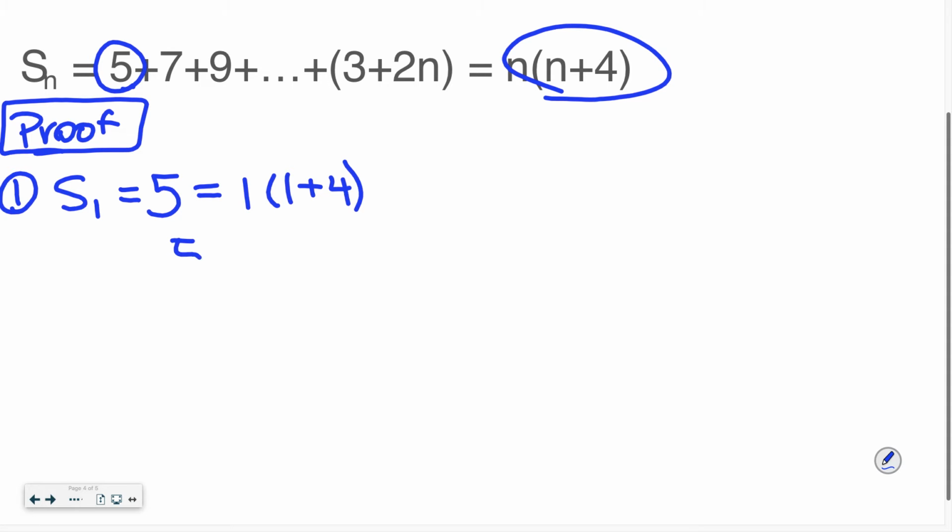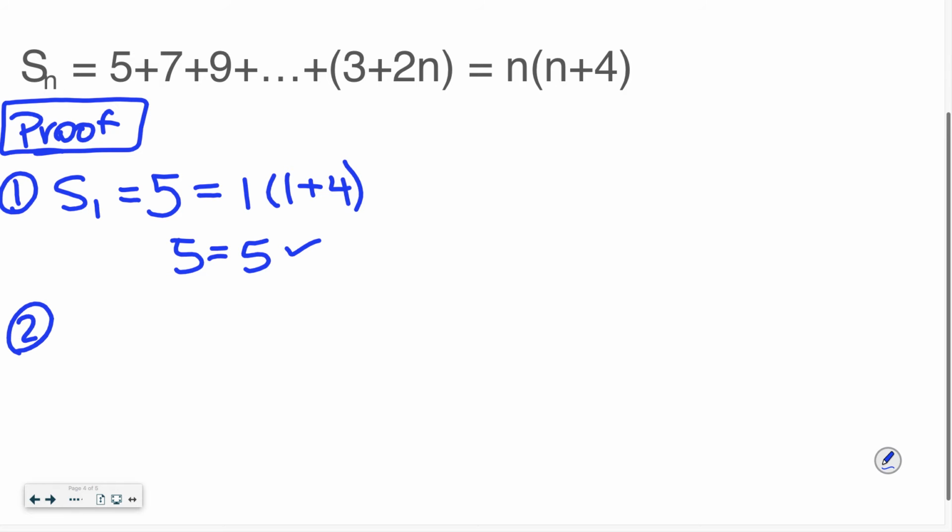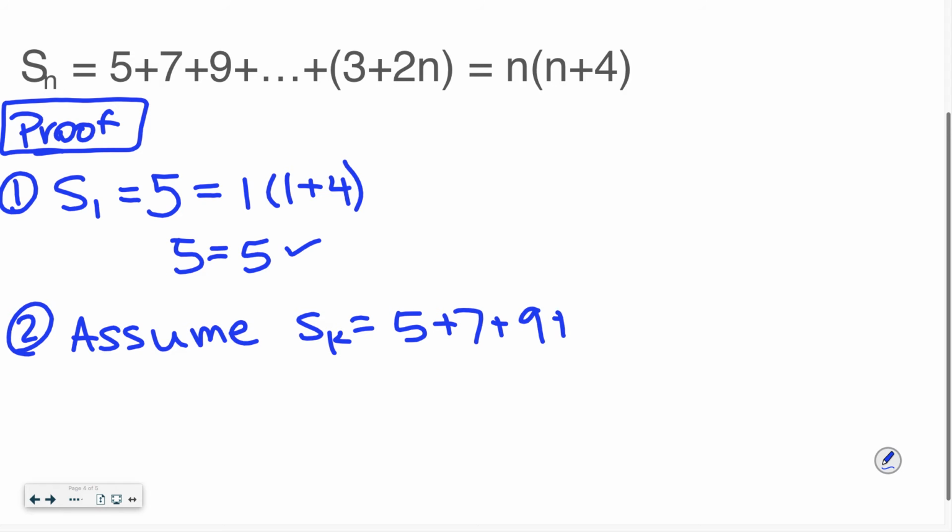Cool. I need to see the work of you plugging that in. I don't want just 5 equals 5. I want to see this step right here. Okay. Now our second step, what word do we write? Assume. And then we're going to rewrite our formula, but with k's instead of n's.